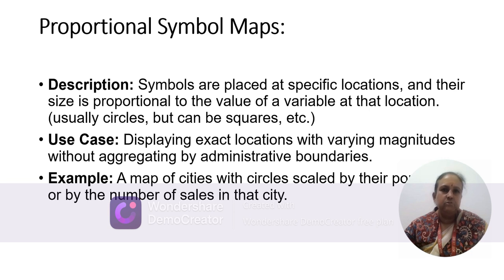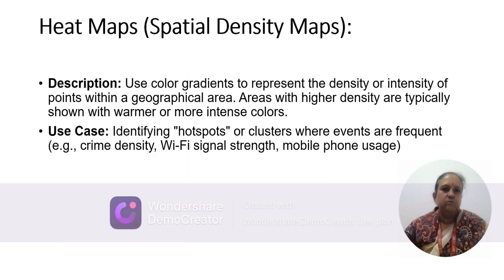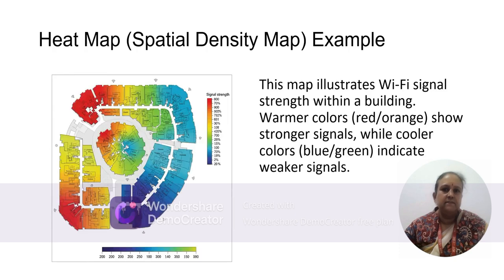The next type was the proportional symbol map, based on specific locations, where the size is proportional to the value. The next one was the heat map, based on color gradients to represent density. It is a spatial density map, using a color gradient to represent the density.